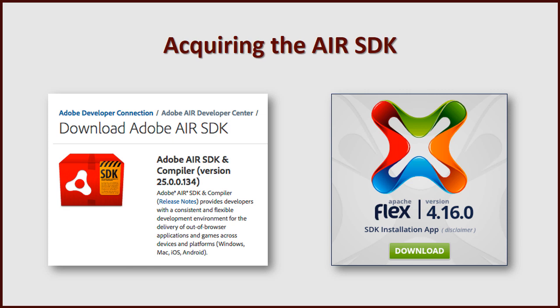Additionally, Apache Flex offers an AIR-based installer, so the installer itself is actually built in AIR, which installs the AIR SDK alongside of the Apache Flex SDK. And that's a really neat little app, a good example of what can be done with AIR as well.